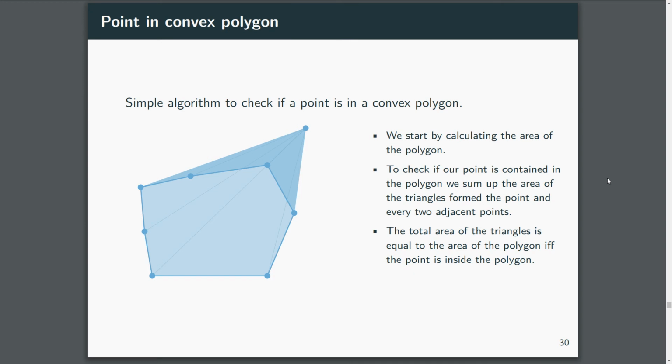And the total area of these triangles is going to be equal to the area of the polygon if and only if the point is inside. So if you look at this, now we have the same area.